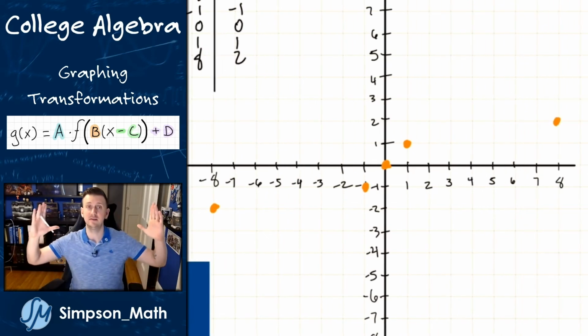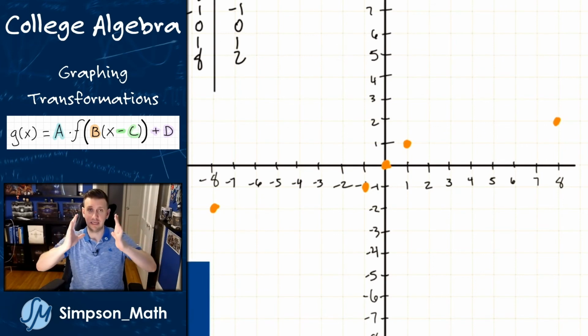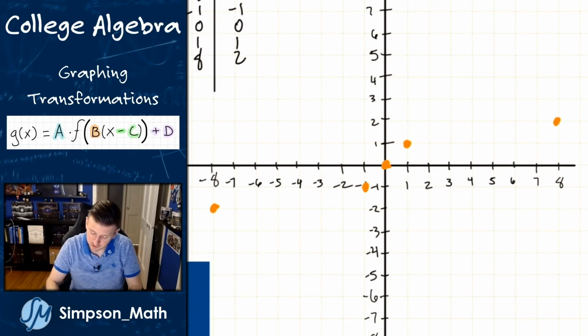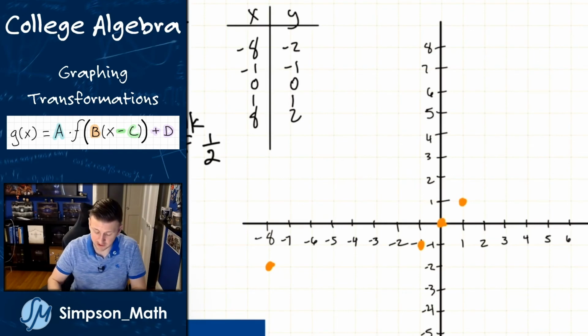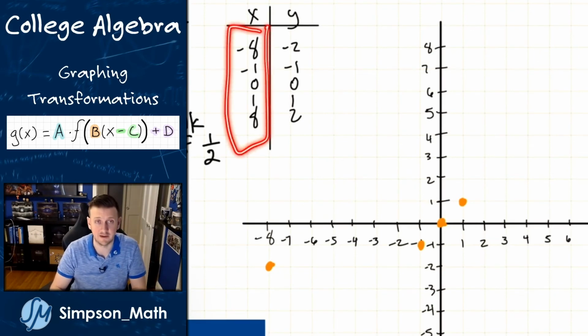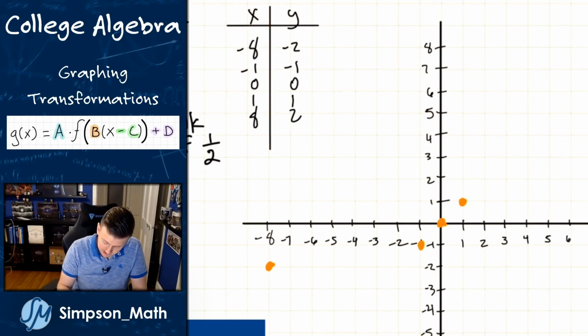So this is a compression in. It's like you're taking an accordion and squeezing everything in by 1/2. So just like we did before, where we took our y values and doubled or halved, now we're taking our x values and halving. So I could just take these x values and halve all those numbers.